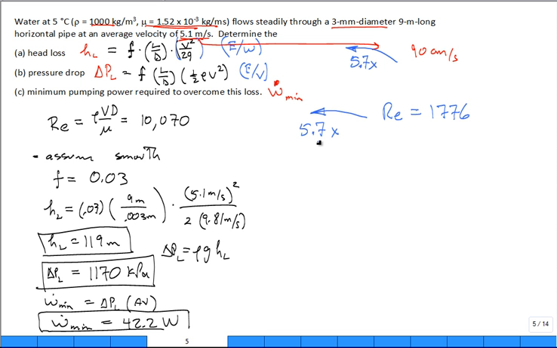Okay, but what about the friction factor? Well, we took the friction factor as 64 over Reynolds number, and we found the friction factor for that case to be 0.0036. Compare those two friction factors. This is 83% of the previous one, of the laminar.